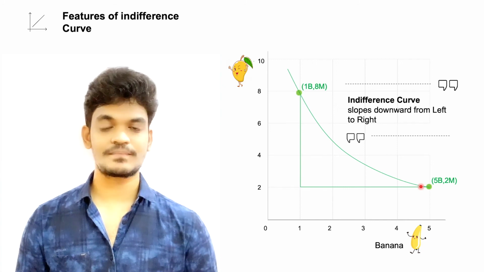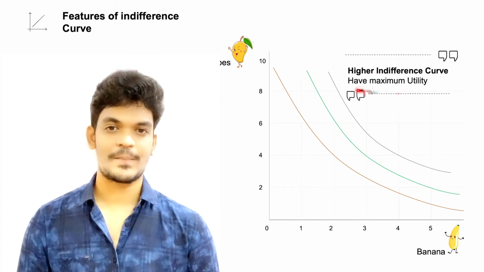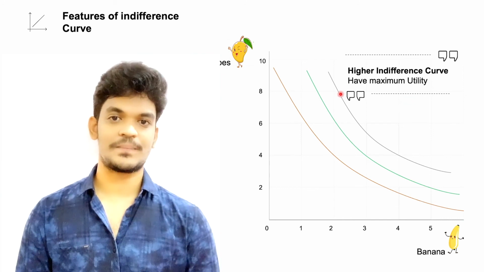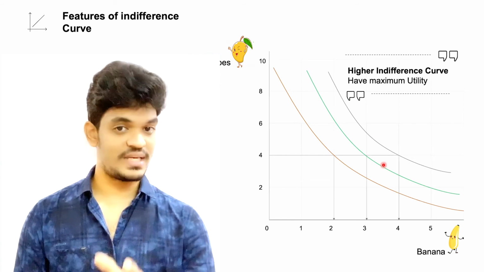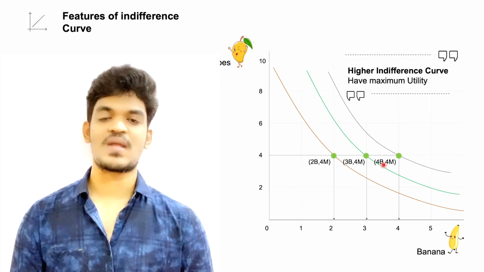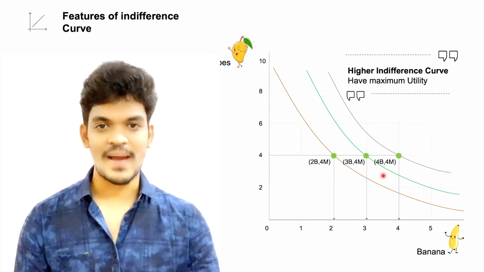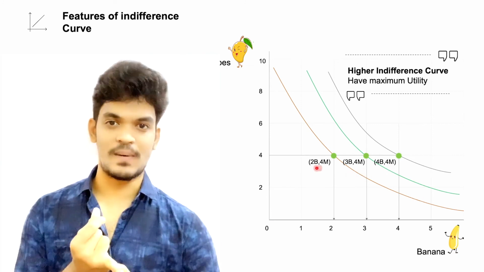Second, a higher indifference curve has higher utility. Let me explain it in detail. These are the 3 points: 2 bananas, 4 mangoes; 3 bananas, 4 mangoes; 4 bananas, 4 mangoes. Now let's analyze these 3 points. In these 3 points, 4 mangoes is common, so let's keep it apart. At the first point, you're getting only 2 bananas.